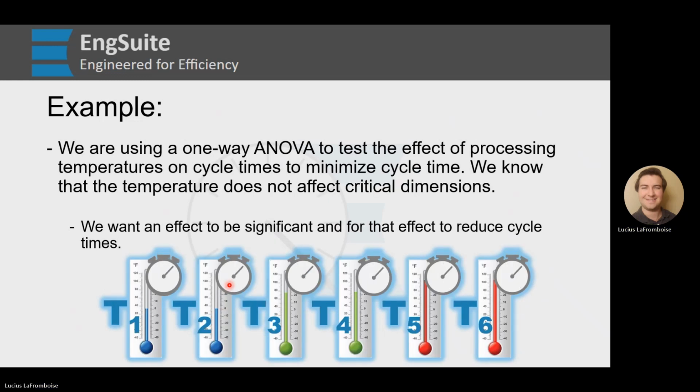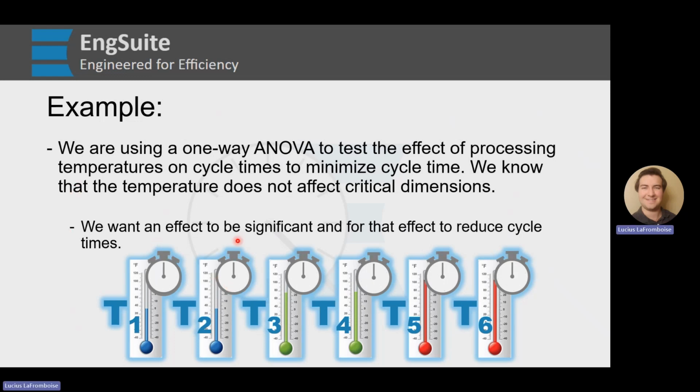Example number 2. We're using a one-way ANOVA to test the effect of processing temperatures on cycle times so that we can minimize our cycle time. So we already know that our temperature doesn't affect critical dimensions. We performed an ANOVA and we said, yep, everything is statistically all right. We are just fine.